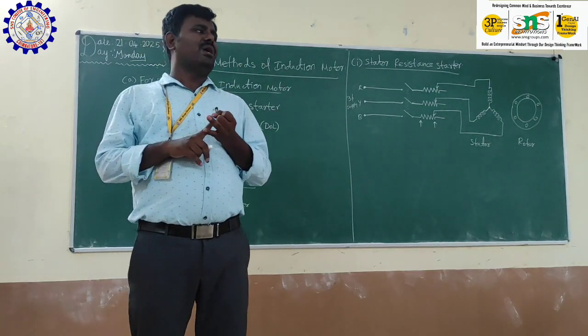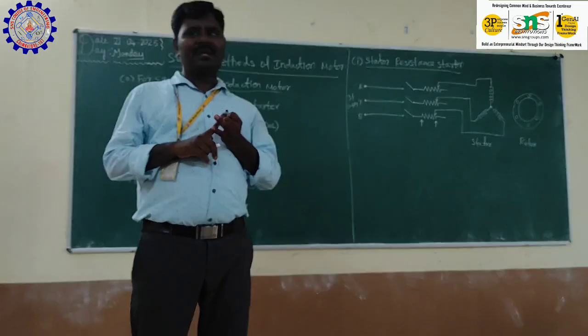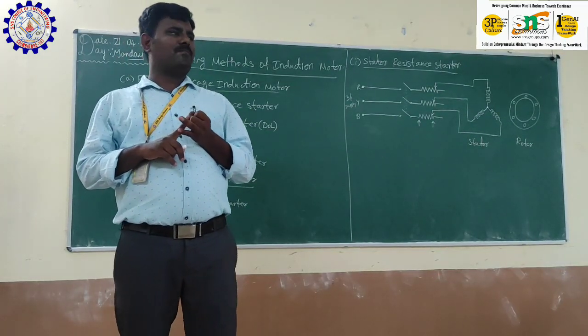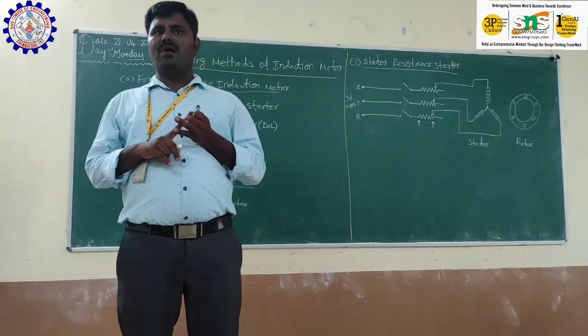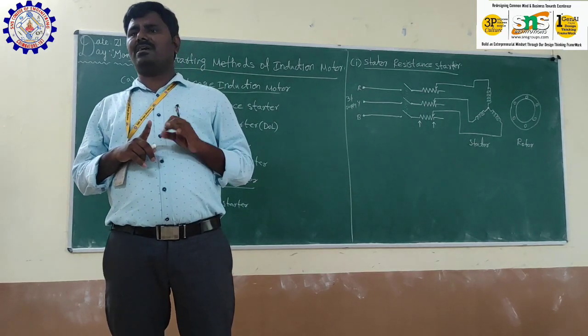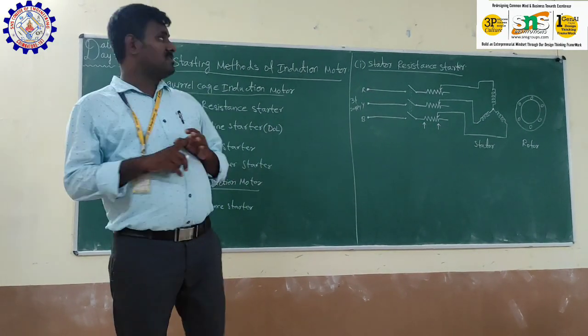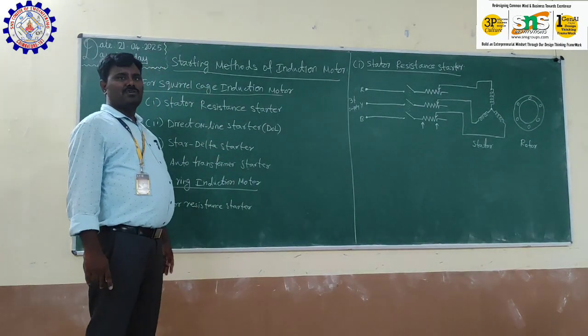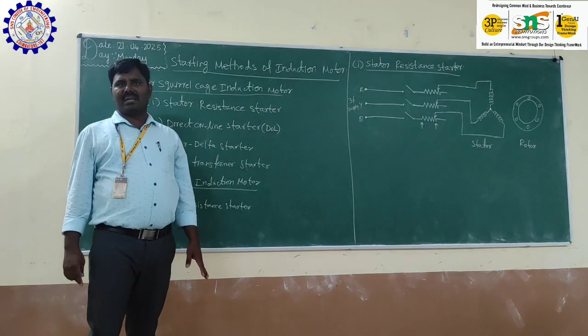And the second reason, we have to protect from no load and overload conditions. So for these two main reasons, we are using these starters. For three-phase induction motors, there are totally 5 types of starters available.